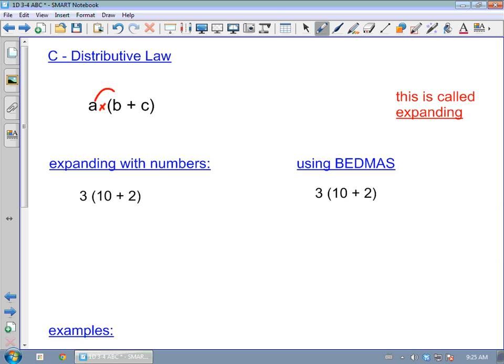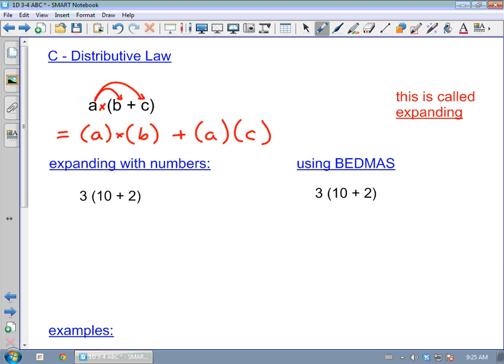So we do A times B, and then we add it to A times C. So this means A times B plus A times C. And that is the distributive law. This is often called expanding because we have expanded it out. We've expanded it so that we have an A here and an A over here.